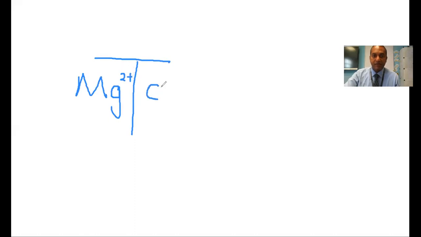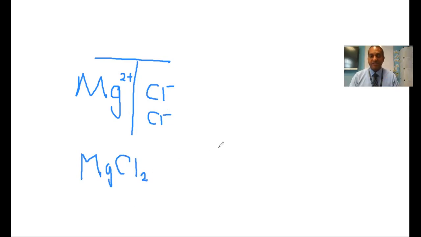I have chloride here, 1 minus. I see there's 2 plus on my left and 1 minus on my right. It is not balanced, so I'm going to put another chloride. Now this 2 plus and 1 minus balance. The formula of this compound is MgCl2.